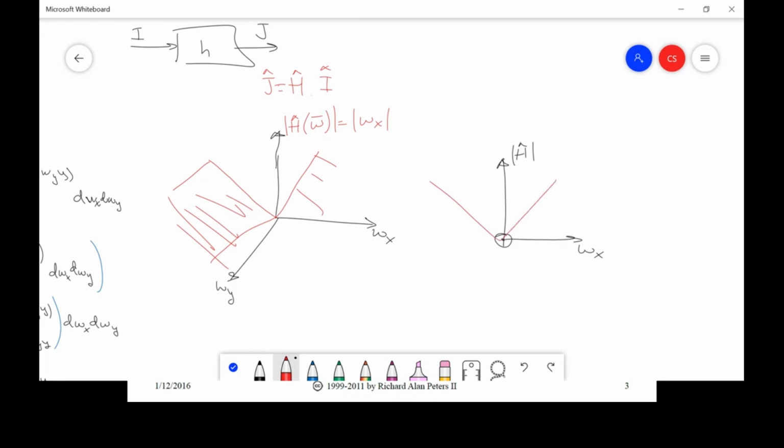So those are two planes. If you look from here, this is what you see. Very bad at drawing. Okay, so let us put a name here. This is omega y, coming out from the screen.